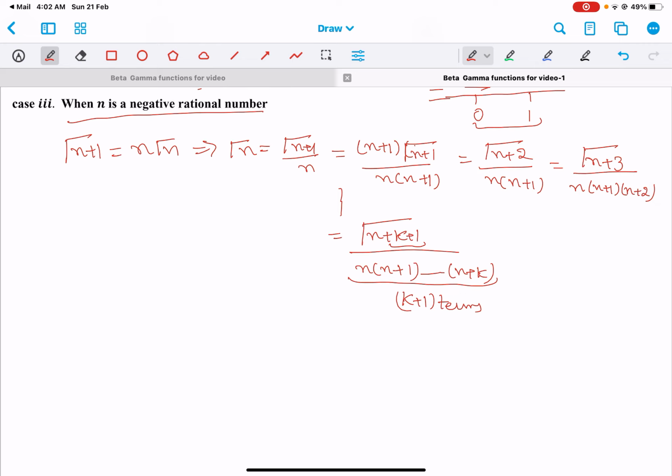Where k is the least positive integer such that this expression n plus k plus 1 is greater than 0.